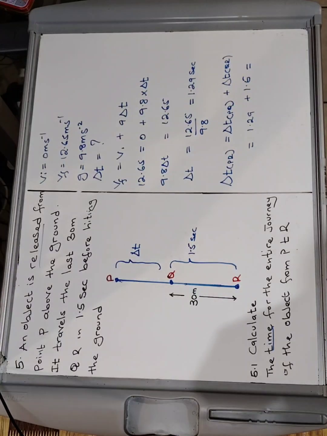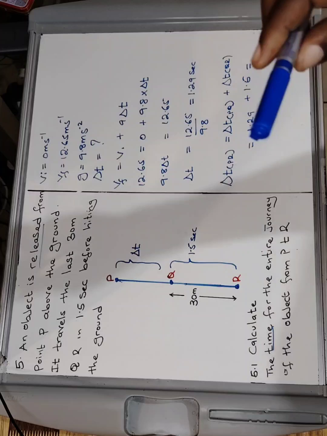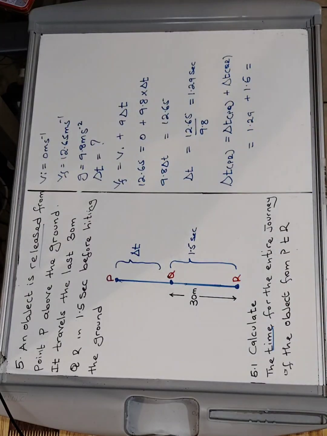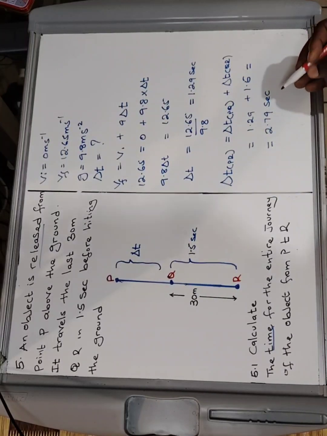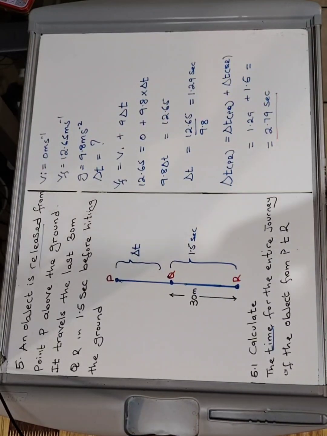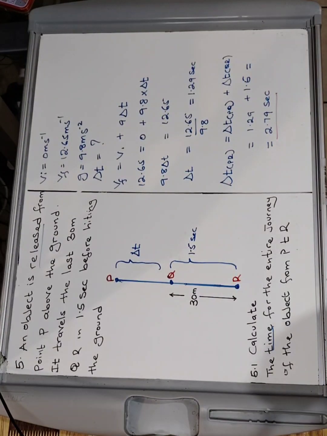What you get out of that will be the total time for the entire motion. Let's find out what it is. So the time for the entire journey from P to R is 2.79 seconds. I would appreciate if you use s for second as the unit.